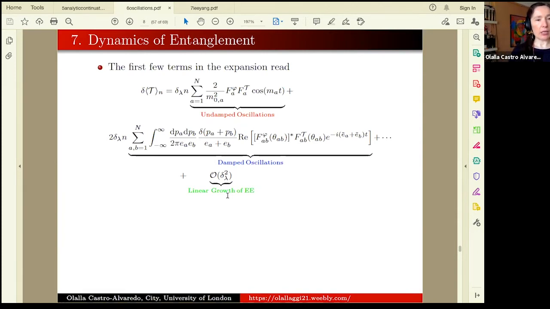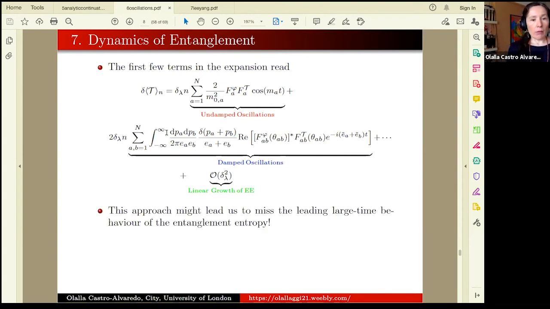And so this means that if you do only first order perturbation theory, you're going to see some effects, you're going to see some features of entanglement that are interesting, but you're not going to see the leading large time behavior. And so you should be a little bit careful when you analyze these results about the conclusions that you can draw. So the approach might lead us to miss this large time behavior.